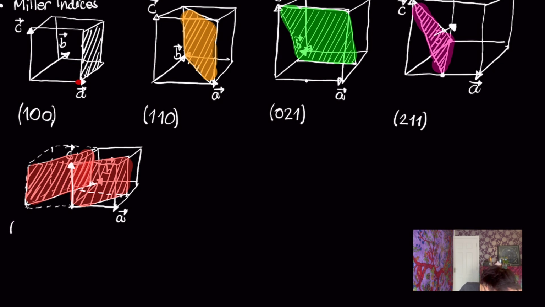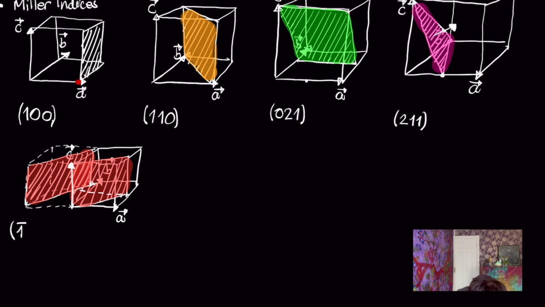So you can look at it as intercepting at -1 rather than 1. And in order to represent negative numbers, you put a bar on top of the negative number. So our first index in this case would be 1 bar. Again, a bit hard to understand, but if you find that your plane intercepts with the origin point, then you have to consider the next one along.